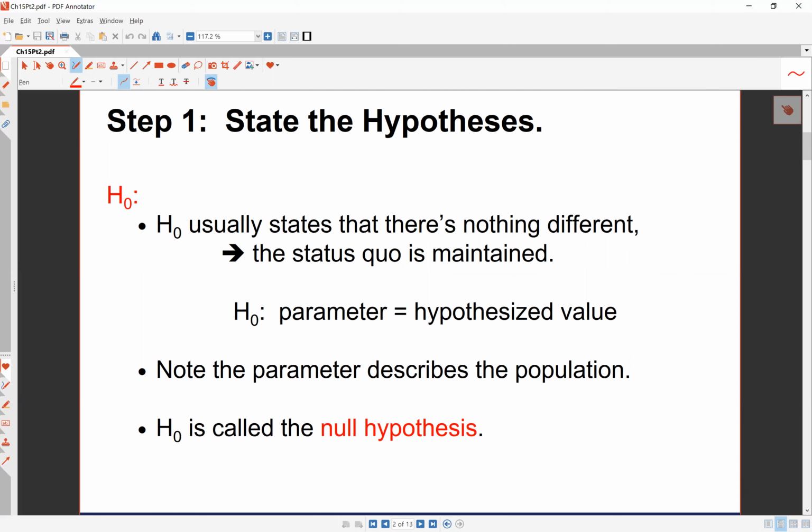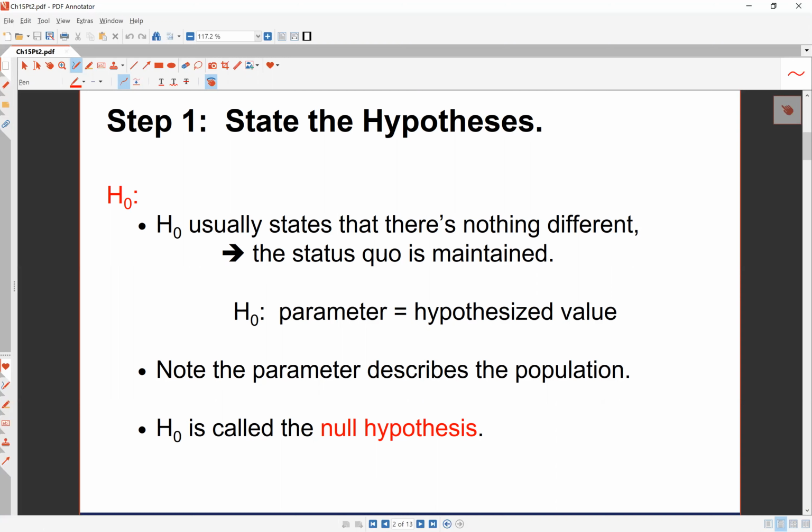So there will always be a null hypothesis, which we denote H with a subscript 0, and there will always be an alternative hypothesis, which we denote H with a subscript A. Now, the null hypothesis is the hypothesis that maintains the status quo. It's telling us something has been established in the past, it's always been a specific way, and it will continue being that way.